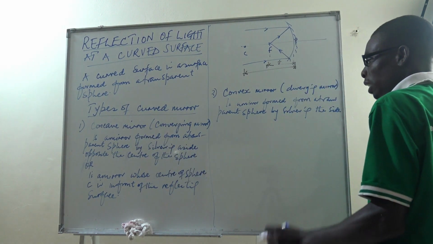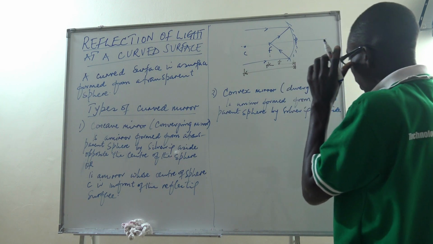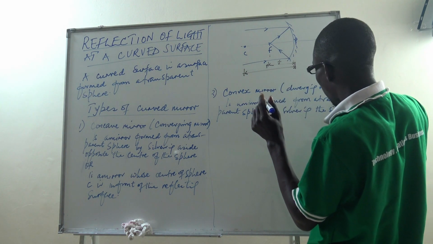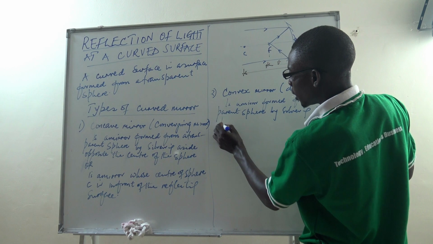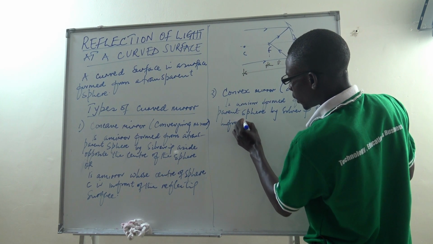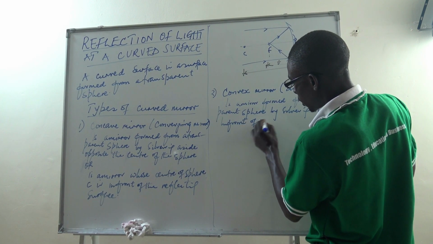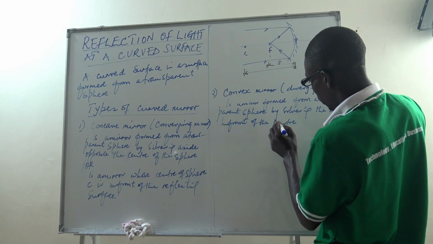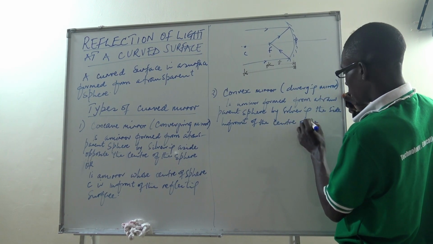If the other is opposite the center of curvature, we can say silvering the side in front of the center of the sphere.